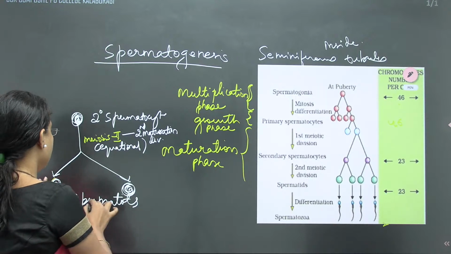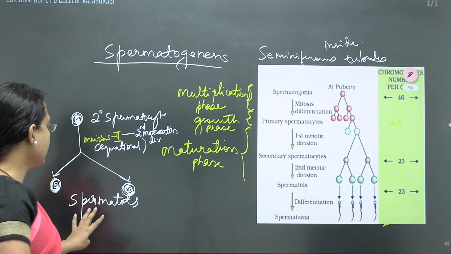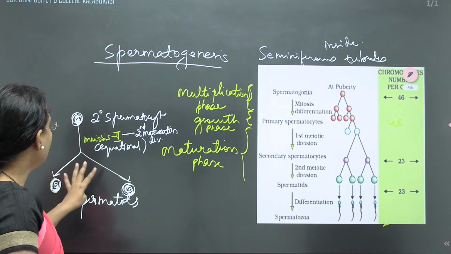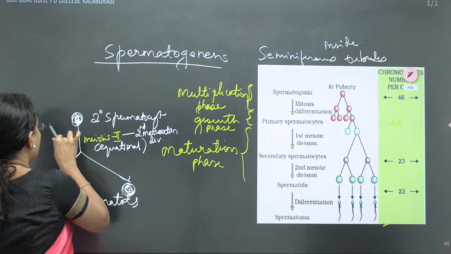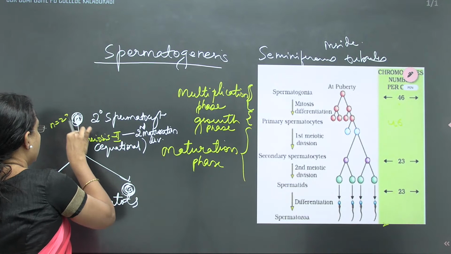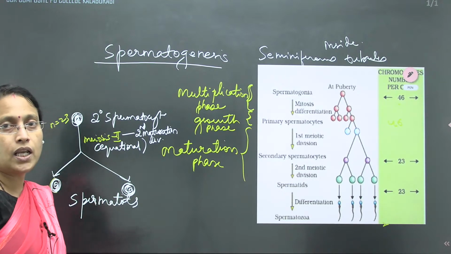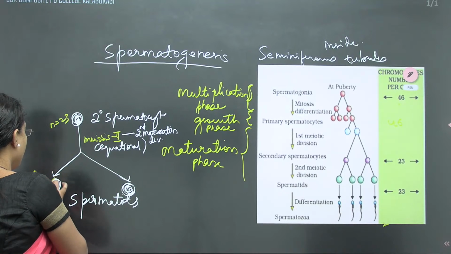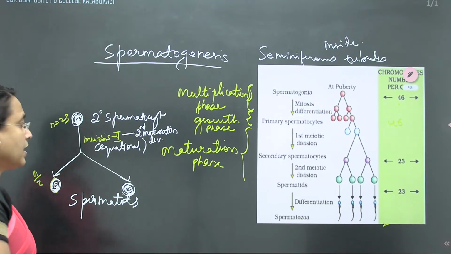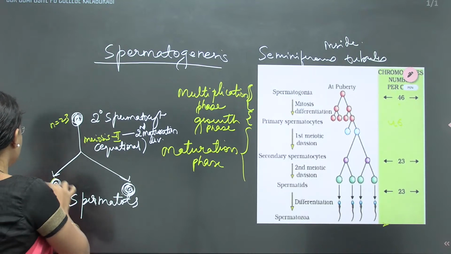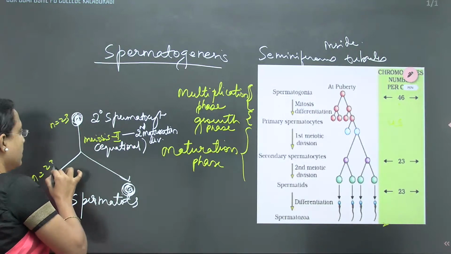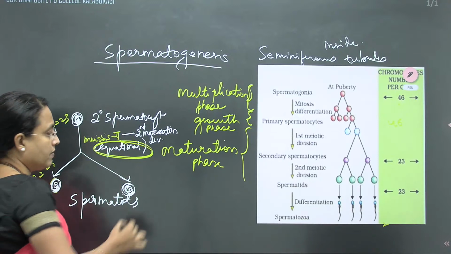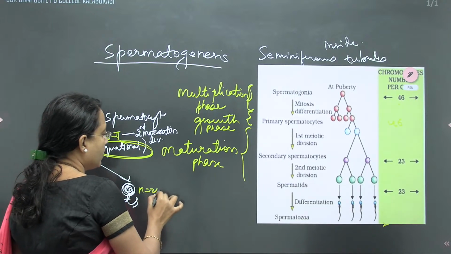Two spermatids, and they are equal. What was the chromosome number here? n is equal to 23. Here it will not become half, it will not become n by 2. It remains the same. Here also n is equal to 23. That is why it is an equational division.